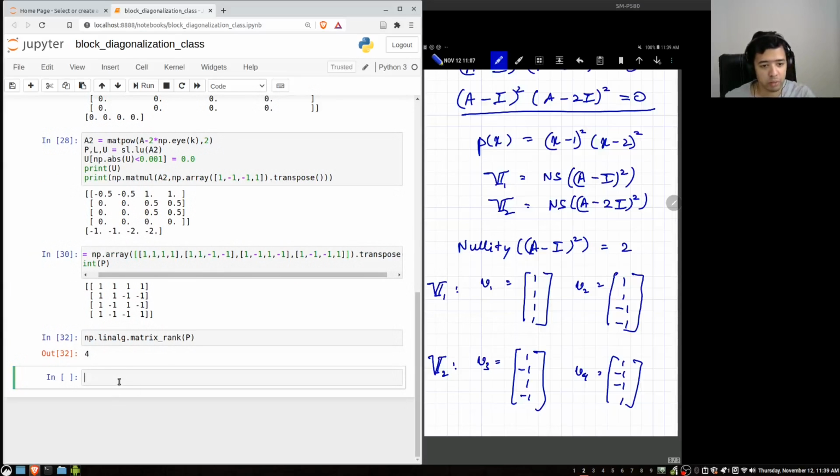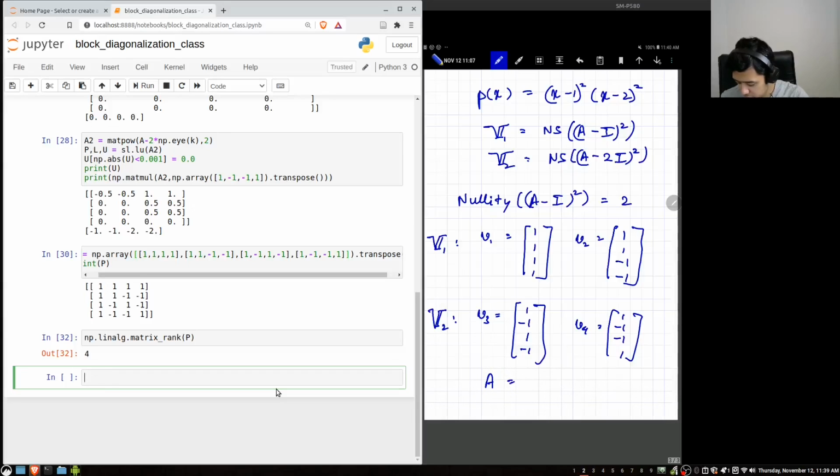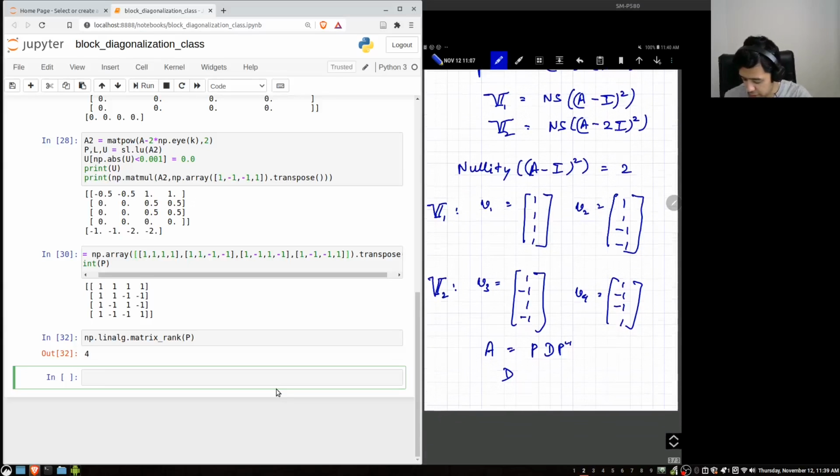It's a full rank matrix, and for this to be diagonalizable, we need to verify that A should be equal to P D P inverse, or our block diagonal matrix D should be equal to P inverse A P. Let's verify that.